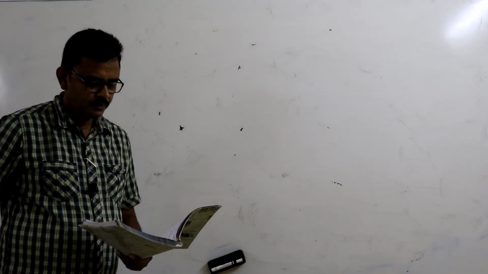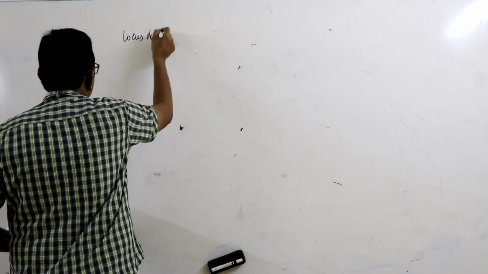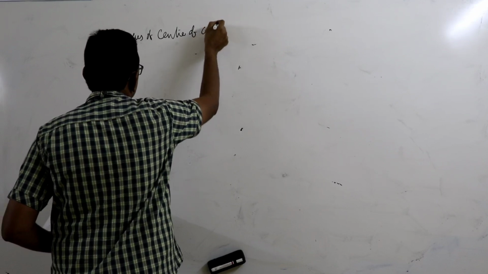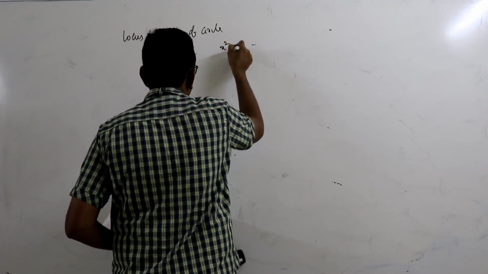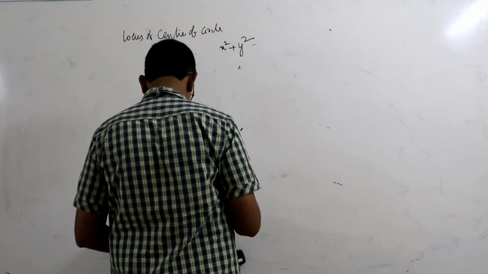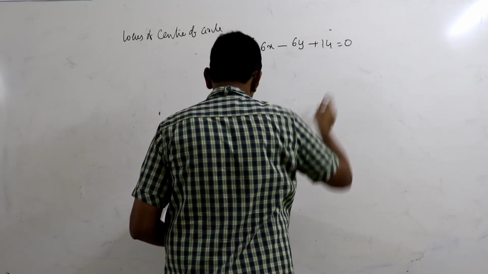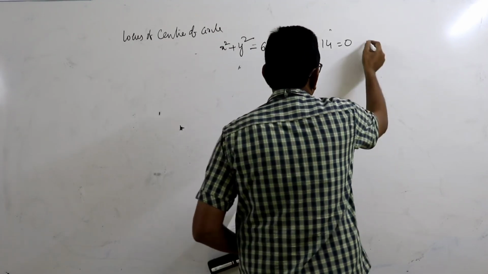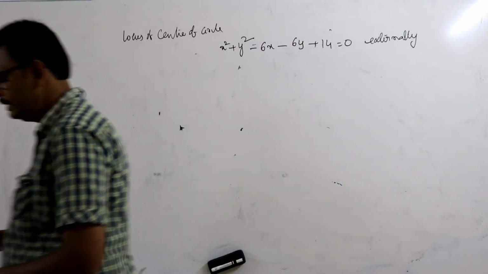Next one. The locus of center of circle which touches the circle x square plus y square minus 6x minus 6y plus 14 is equal to 0 externally and also touches y axis is.